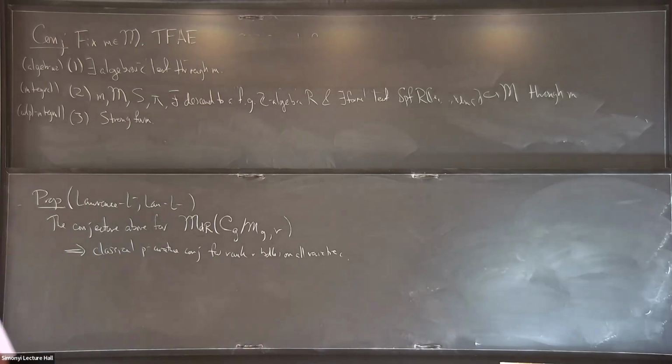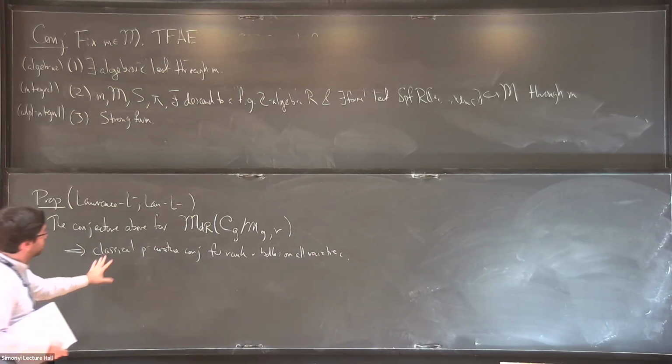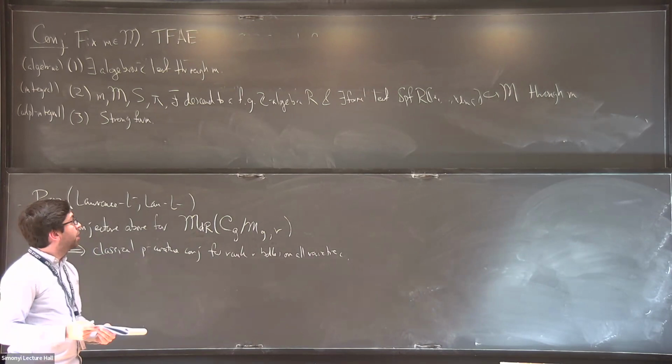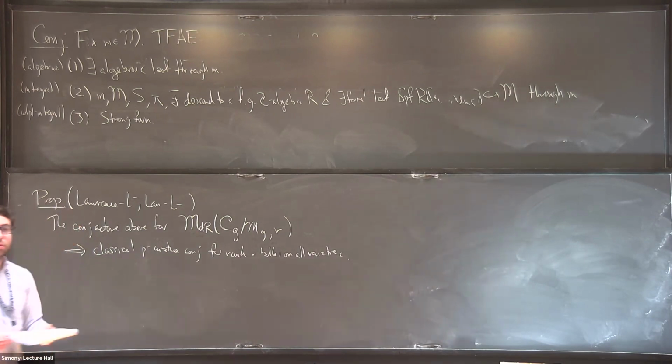So I think maybe a first thing to try to do is to understand how to prove this for general initial conditions. But the point is that if you can prove this statement, not just for Gauss-Manin connections, but for arbitrary initial conditions, you've proven the p-curvature conjecture. So I'm not saying this is real progress towards the p-curvature conjecture, but at least it's a different point of view. All right. Are there any questions before I say a word about proofs?